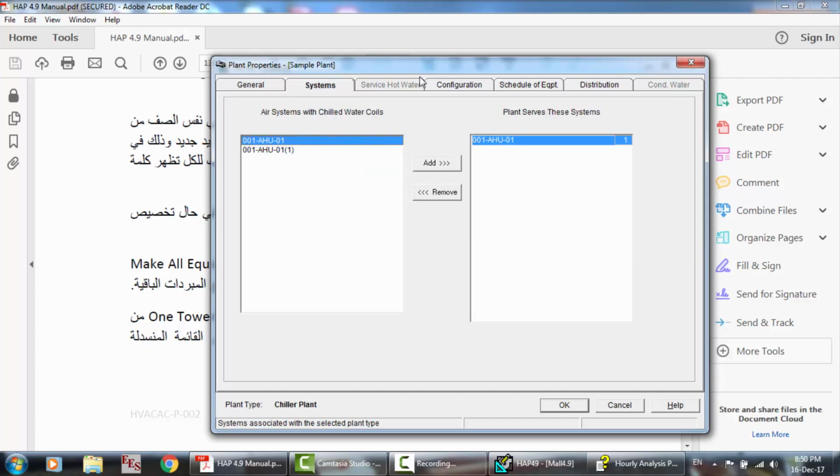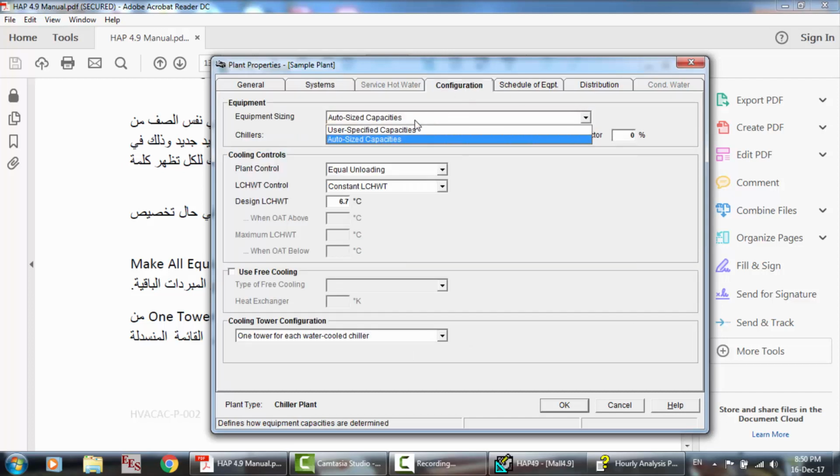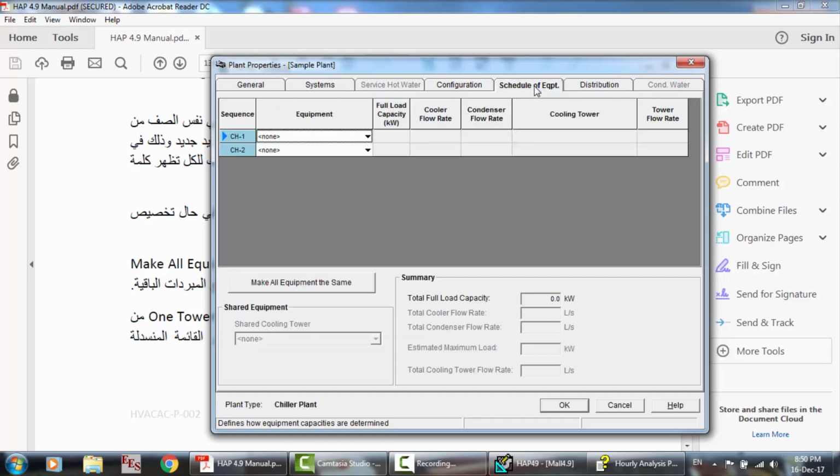If we make it user defined, you can get your chiller that you have already defined in the library. If you choose it, you can get the information and the cooling tower. Also, you can get the sample cooling tower in the library, and its flow rate.